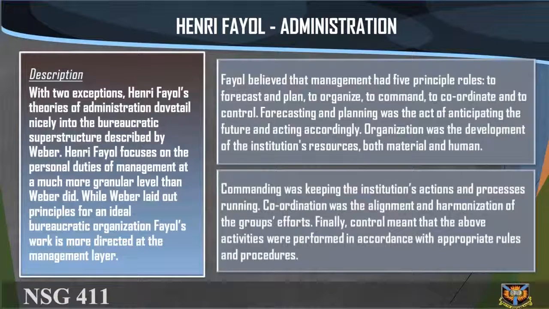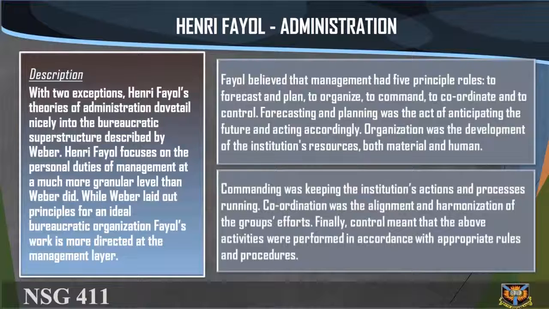Fayol believed that management had 5 principal roles: to forecast and plan, to organize, to command, to coordinate, and to control. Forecasting and planning was the act of anticipating the future and acting accordingly. Organization was the development of the institution's resources, both material and human.